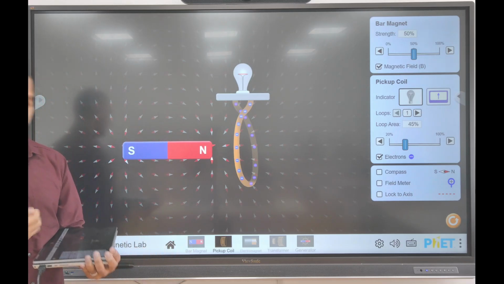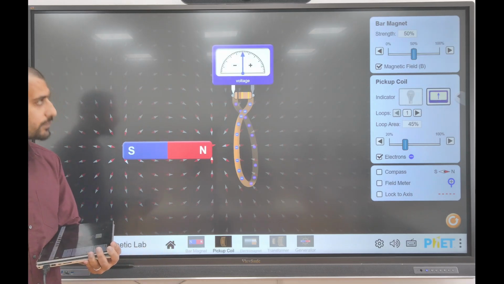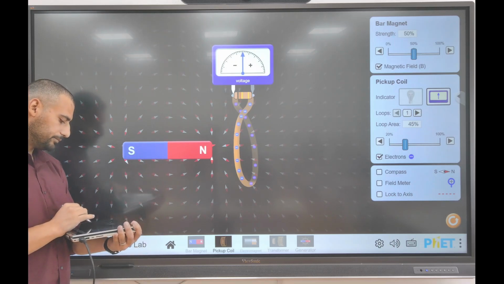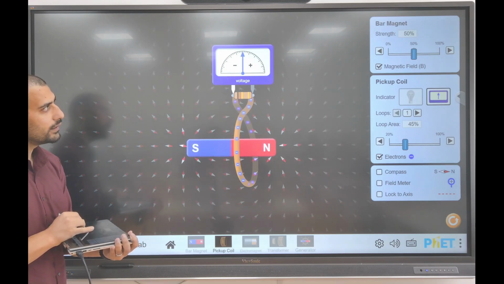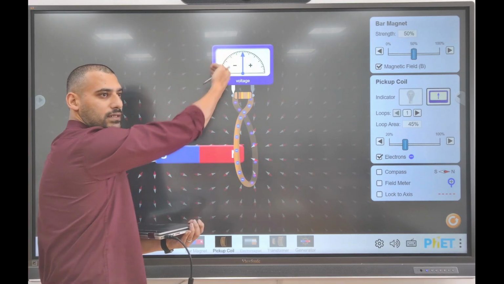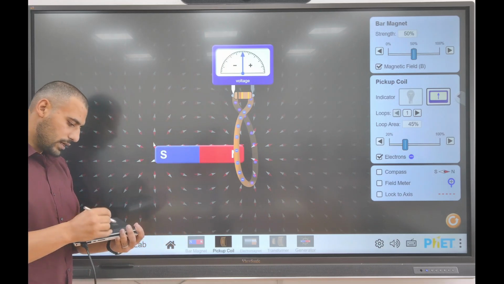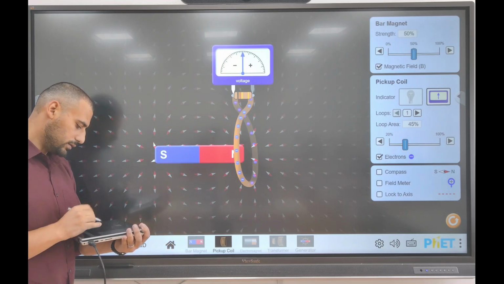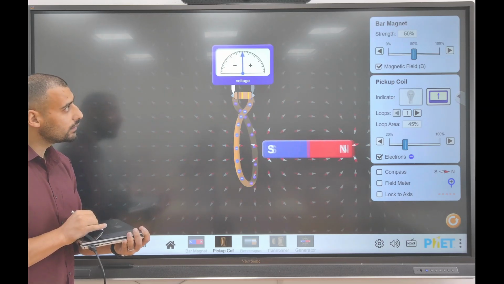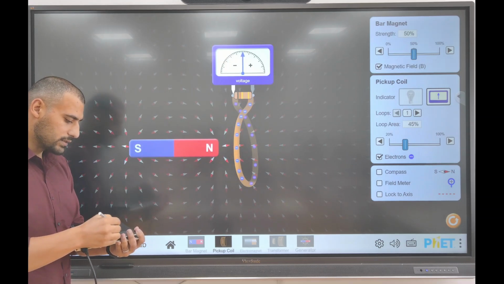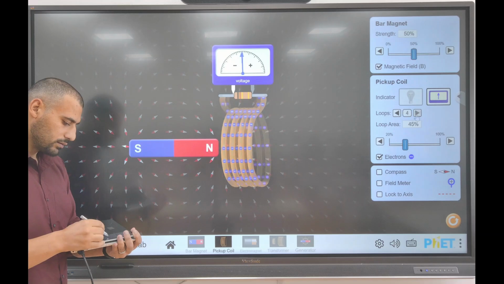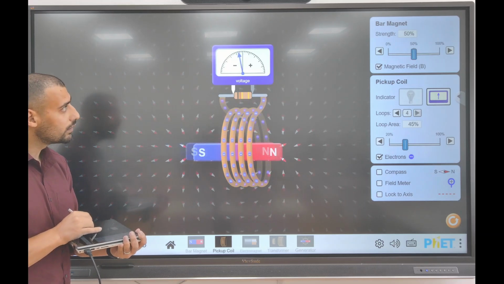the bulb is glowing. Okay, if I replace it by the emitter, see what is happening here. When I am taking it forward, the deflection is towards the left, isn't it? Yes? And if I reverse the polarity, if I go like this, see, and I increase the number of turns, see what will happen?